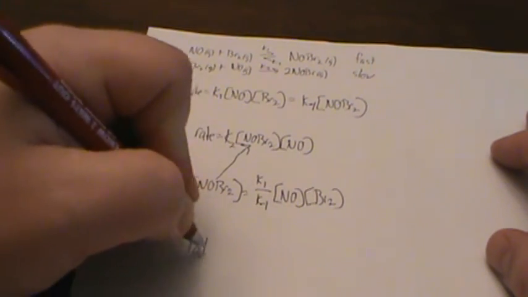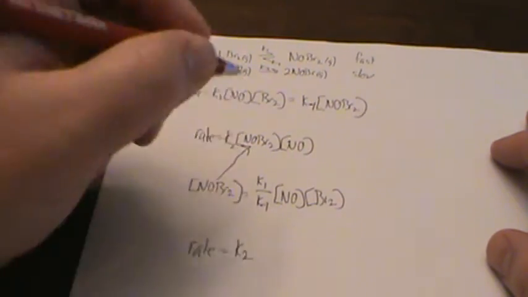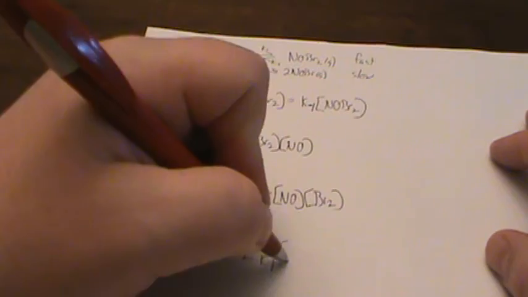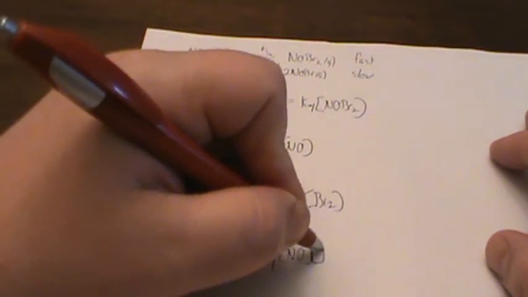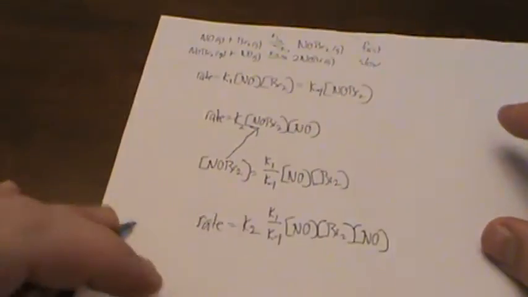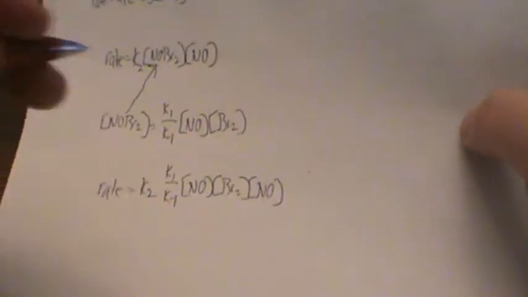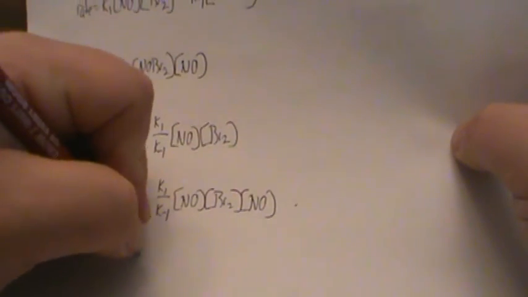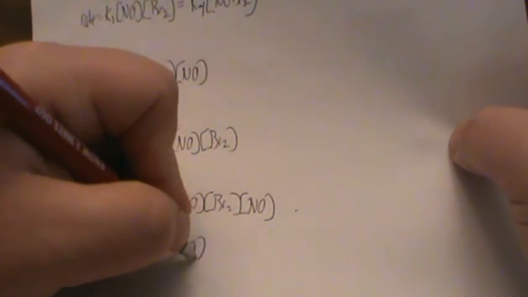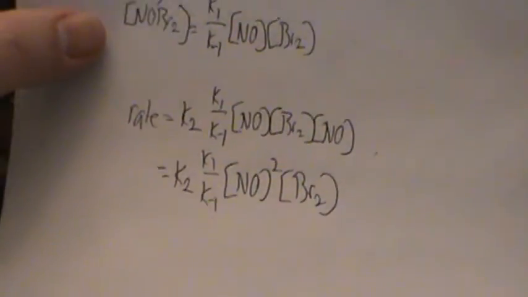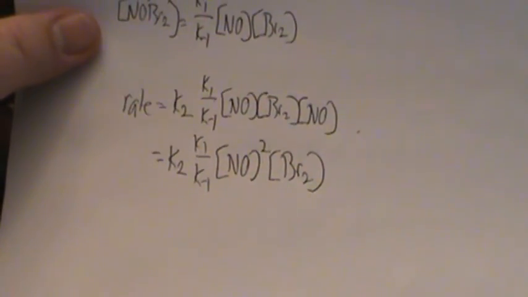So rate would be equal to K2 times K1 over K negative 1, and the concentration of NO times the concentration of Br2 times the concentration of NO. Now we have the concentration of NO in there 2 times. So K2, K1 over K negative 1, concentration of NO squared times the concentration of Br2. The reason we put that squared is because we have both NOs.